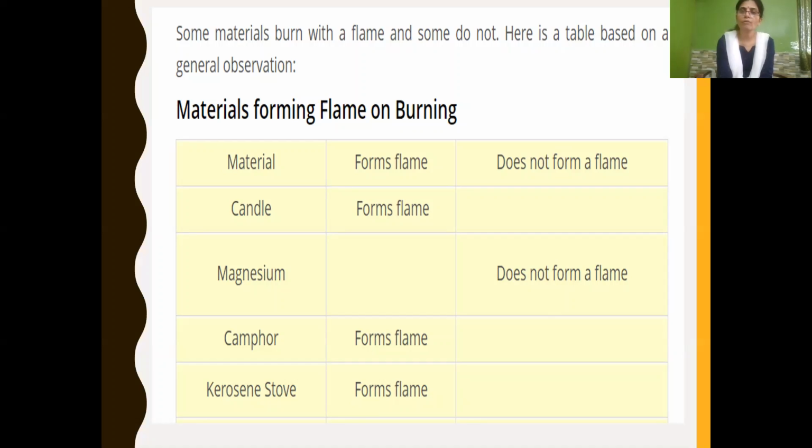But it does not form a flame. Camphor forms a flame. Kerosene stove also forms a flame. The kitchen stove used with an LPG cylinder also forms a flame. So some materials burn with a flame and some do not form a flame while burning.